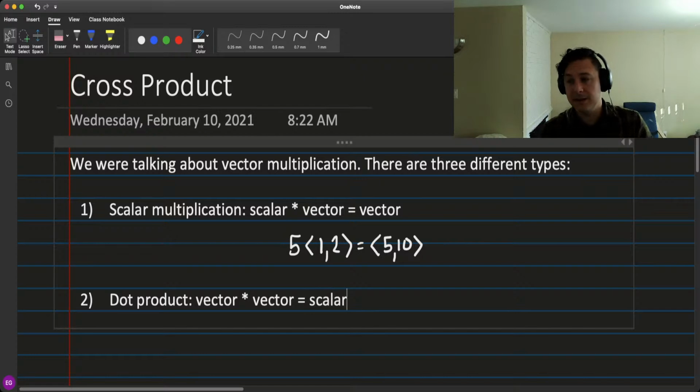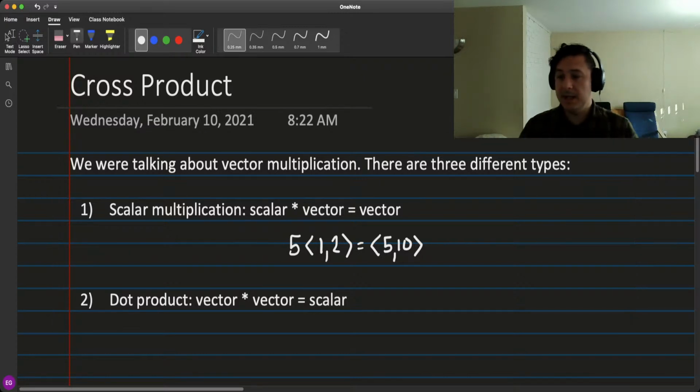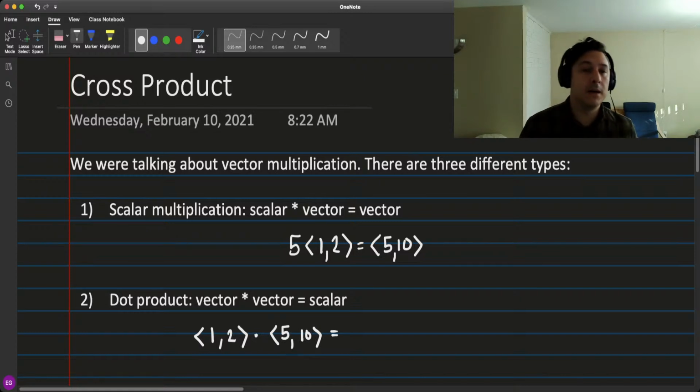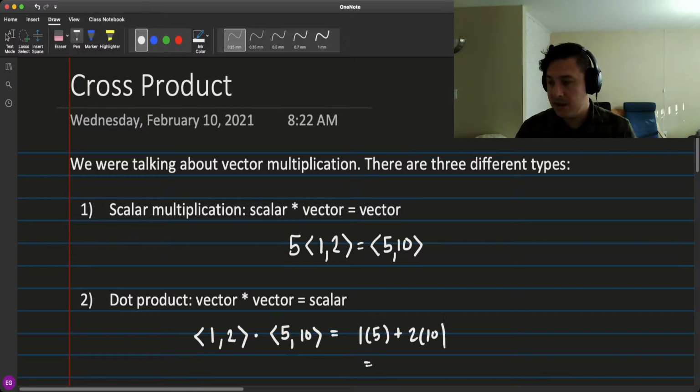We got a scalar, good. How does it work? Well, you would do something like the vector 1 comma 2 dotted with the vector 5 comma 10. The dot product says, take the product of the components and add them together. So you get 1 times 5 plus 2 times 10, which is equal to 5 plus 20, which gives you 25. Notice you get a number, you get a scalar.